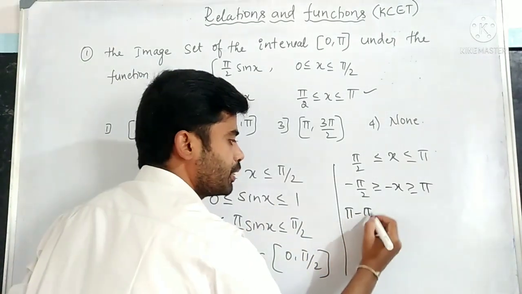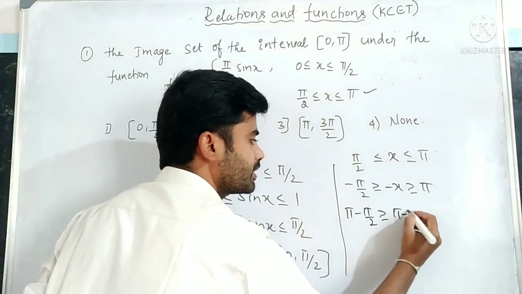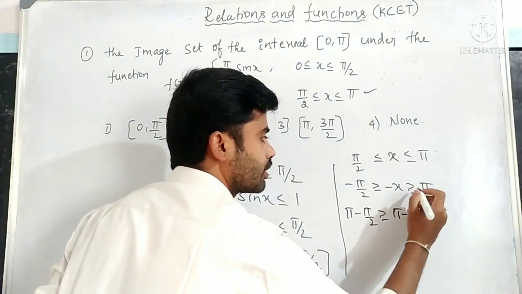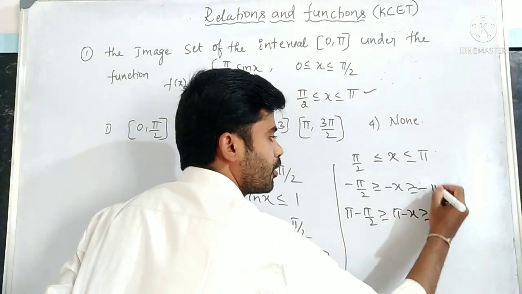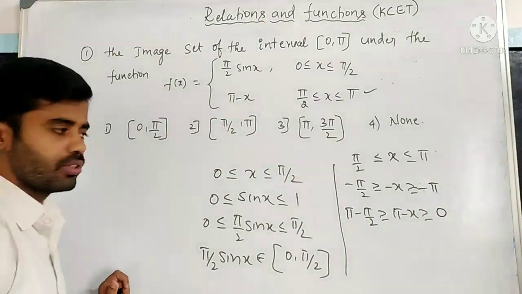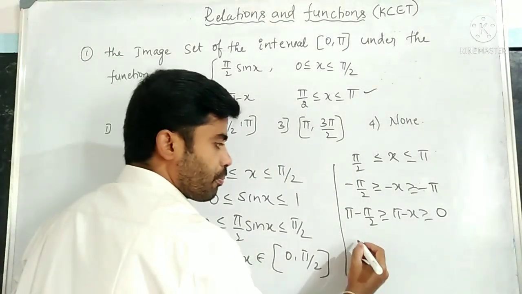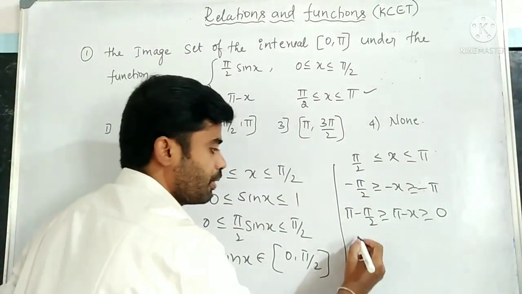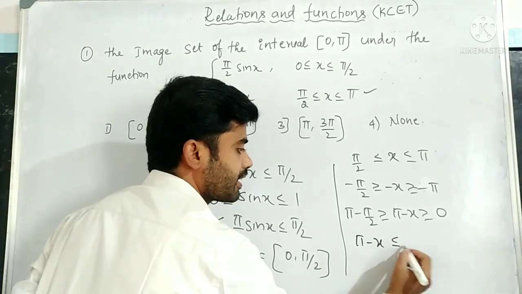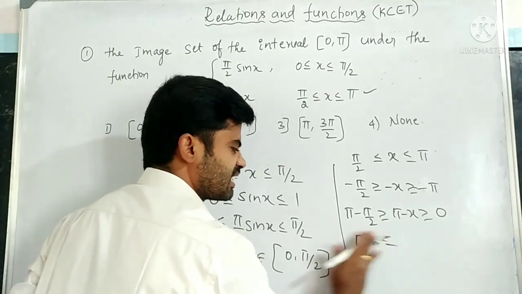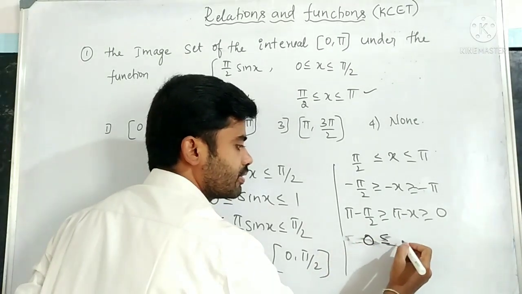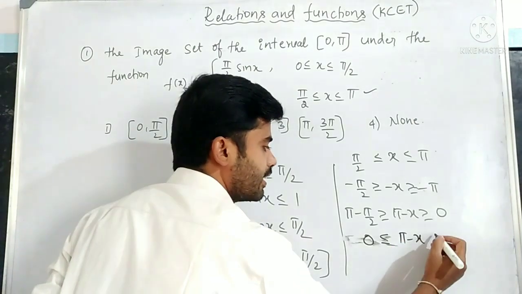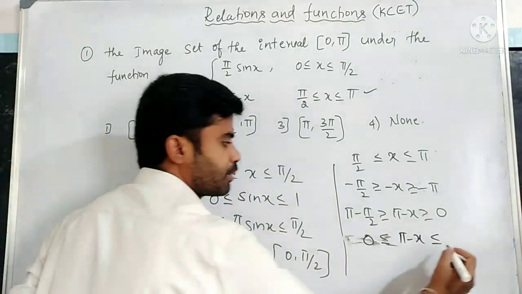Pi minus pi by 2 greater than or equal to pi minus x greater than or equal to pi minus pi. Pi minus pi is 0. So now pi minus x is greater than or equal to 0 and less than or equal to pi minus pi by 2.